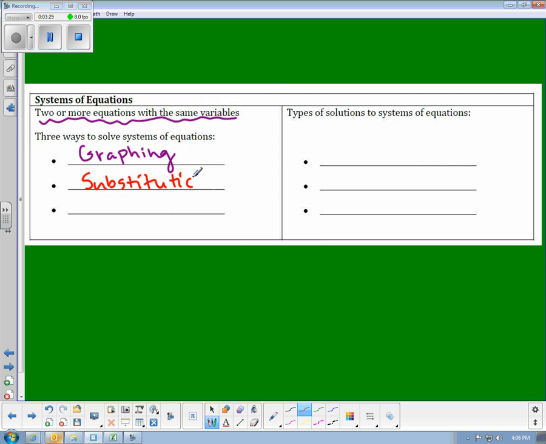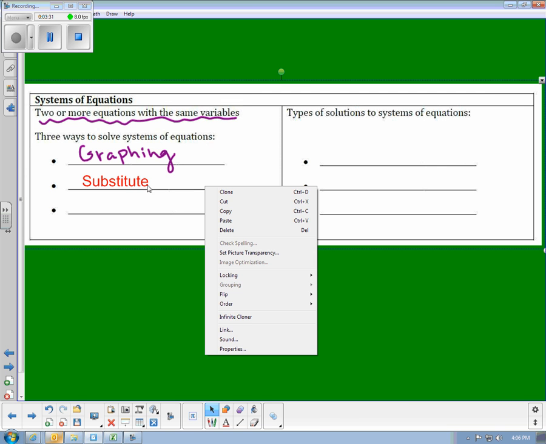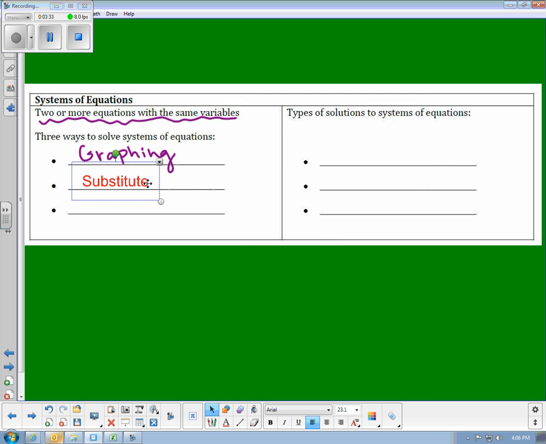That's another method. And the other way is called elimination. So substitution and elimination.